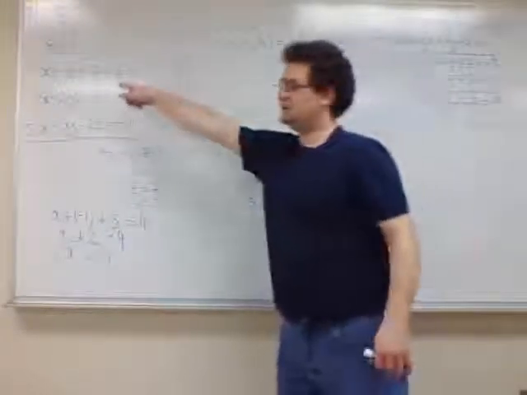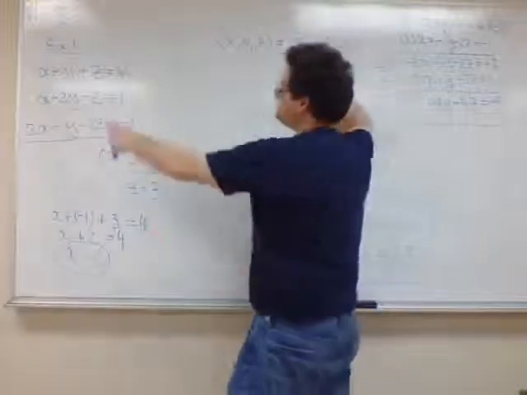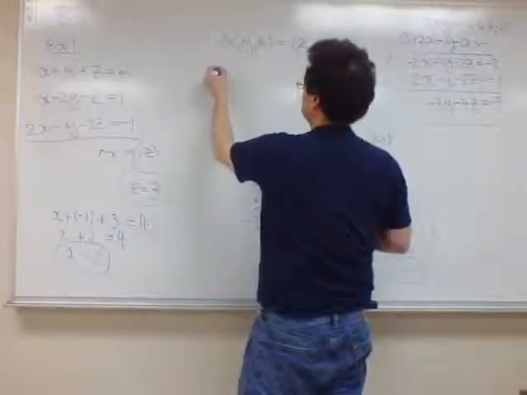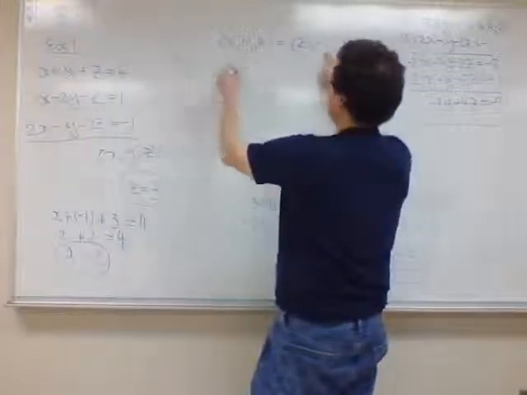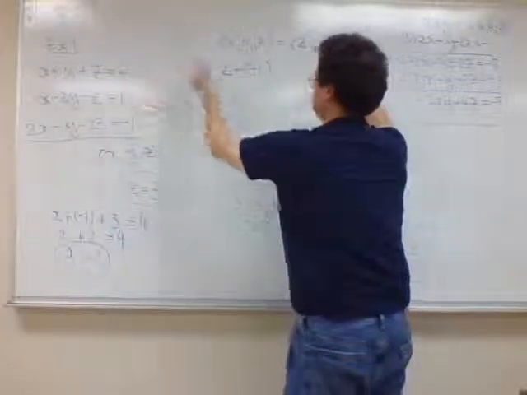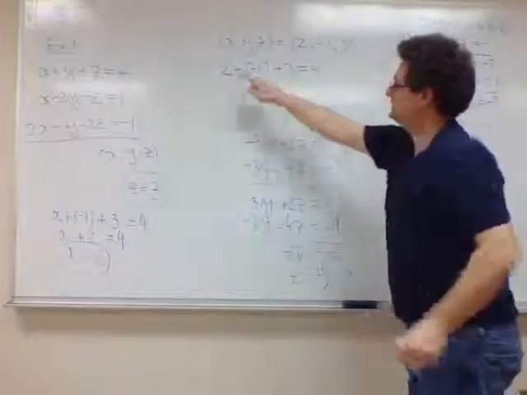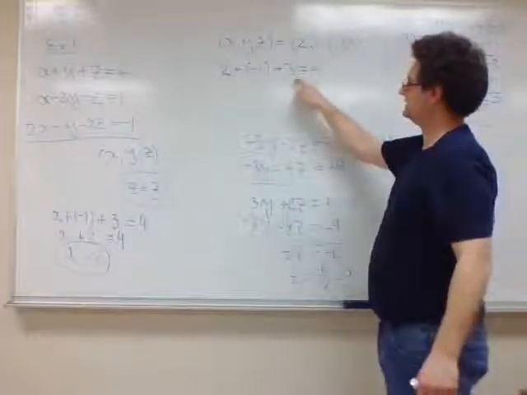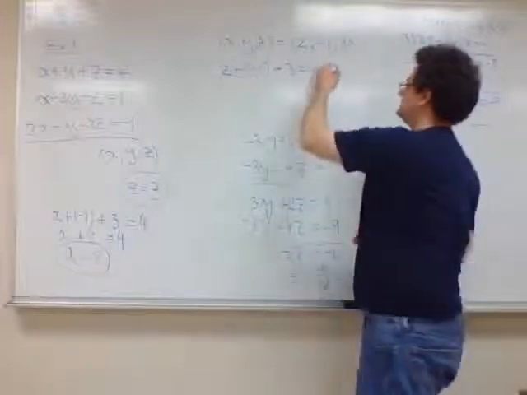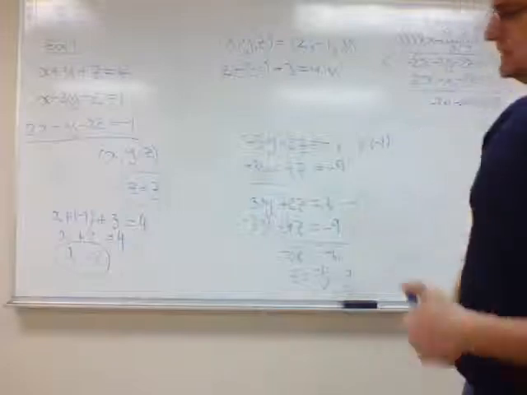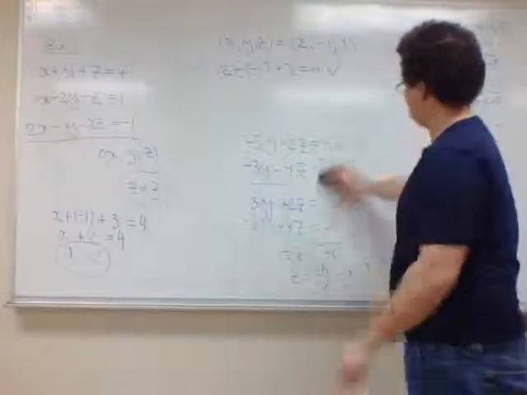So let's see the first one. X is 2, so we have 2, plus y is negative 1, plus z, so plus 3 should be 4. Is this true? Well, 2 minus 1 is 1, plus 3 is 4, so 4 is really equal to 4. So does this show that we really got it right?